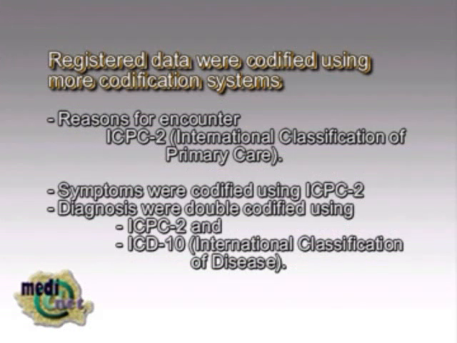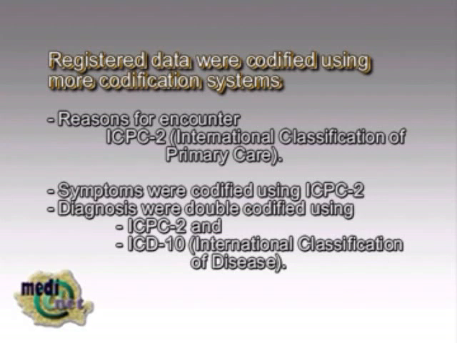About the codification systems, registered data were codified using several codification systems. The reason for encounter was codified using ICPC-2, International Classification of Primary Care. The reasons for encounter may be symptoms, diagnoses, requested procedures, and requested referrals. The symptoms were codified using ICPC-2. Diagnoses were double codified using ICPC-2 and ICD-10, International Classification of Diseases.